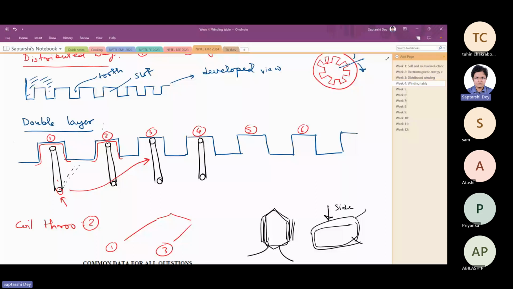So now this one looks like this. Let me remove the arrow. So this one now looks like this because you have thrown it down. Similarly, you throw this, it comes here. You throw it, it goes here. This way the winding is done.